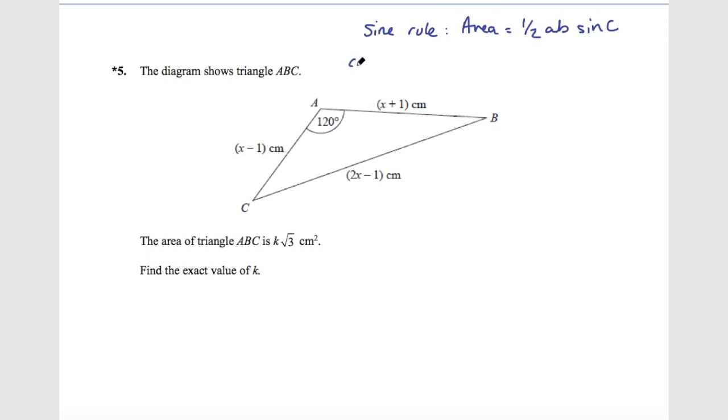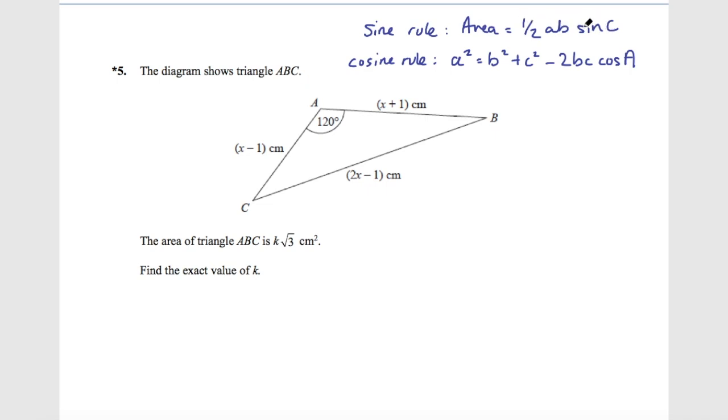And the cosine rule allows us to solve for x, because it gives us an expression relating all of the sides together with the angle inside it as well. So the cosine rule says a squared, which is a side, equals b squared plus c squared minus 2bc cosine A. So they're the rules as they would be stated on the formula sheet.